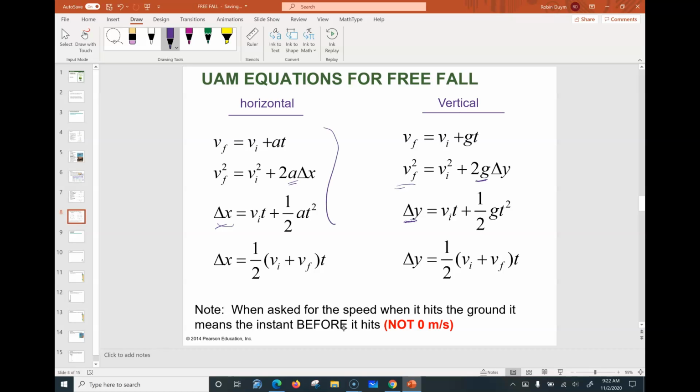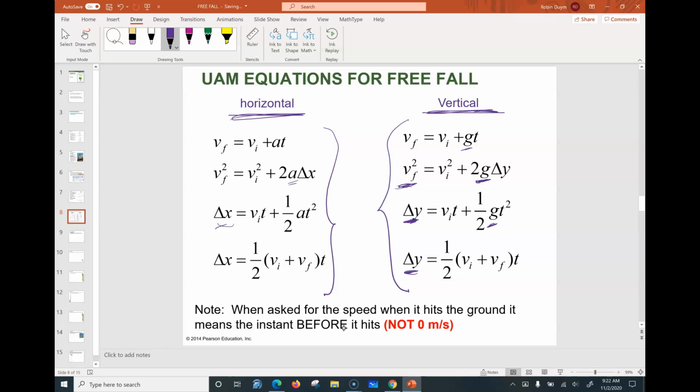These are the ones that you have already, and these are for the vertical direction. So these are for the horizontal, these are for the vertical. And you can see that they're exactly the same. The only difference is we put in a g here and a delta y here. Those are the only differences.